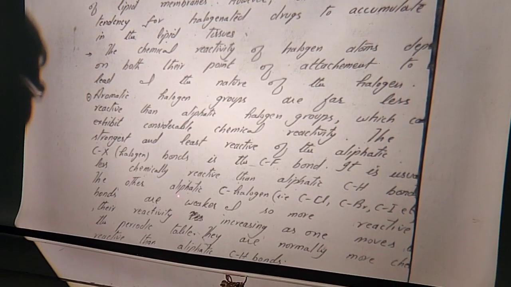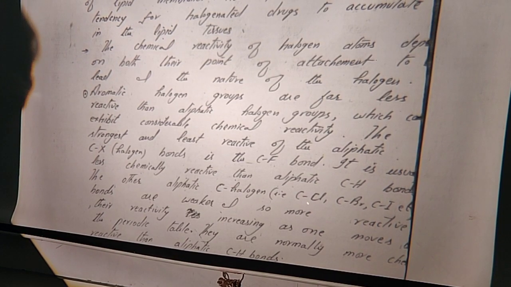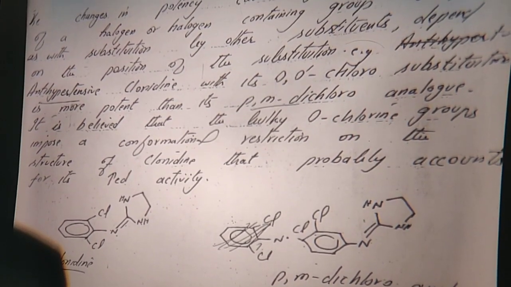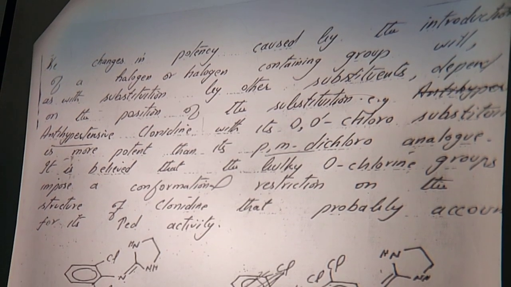The other aliphatic carbon-halogen bonds, like chlorine, bromine and iodine, are weaker and so more reactive; their reactivity increases as one moves down the periodic table. They are normally more chemically reactive than aliphatic hydrocarbons. Here is the example of that, already the diuretic, and there is another example in that respect.